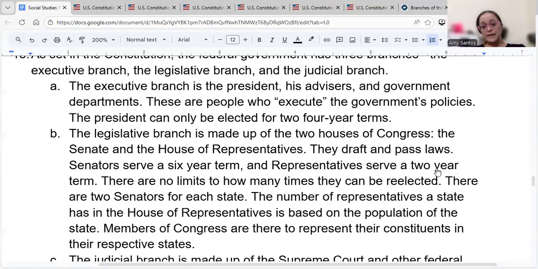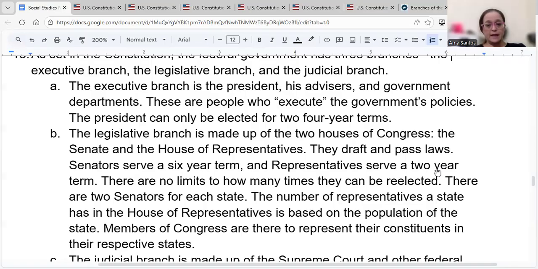There are 2 senators for each state, and there are 50 states, which means there are 100 senators. The number of representatives a state has in the House of Representatives is based on the population of the state. Members of Congress are there to represent their constituents in their respective states. Constituents are the people who voted for them.